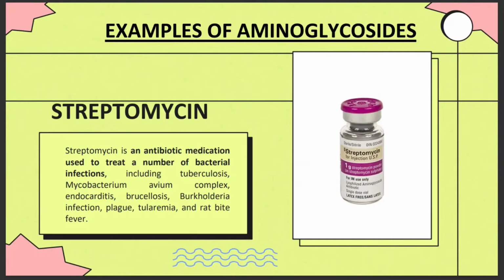It is an antibiotic medication used to treat a number of bacterial infections including tuberculosis, Mycobacterium avium complex, endocarditis, brucellosis, Burkholderia infection, plague, tularemia, and rat bite fever. In veterinary medicine, it is usually used as the sulfate salt and has been used to treat bacterial diseases in cattle, pigs, sheep, and poultry.